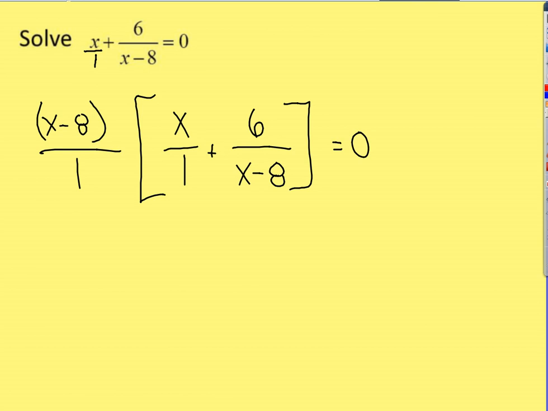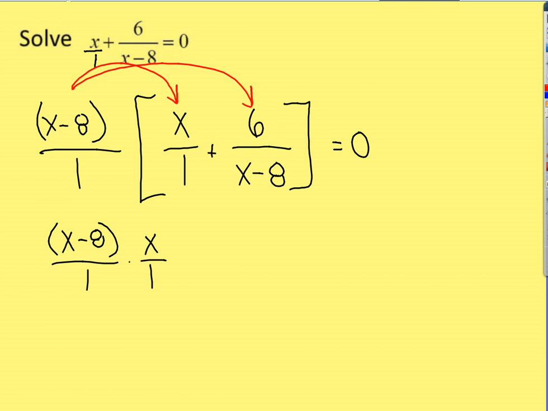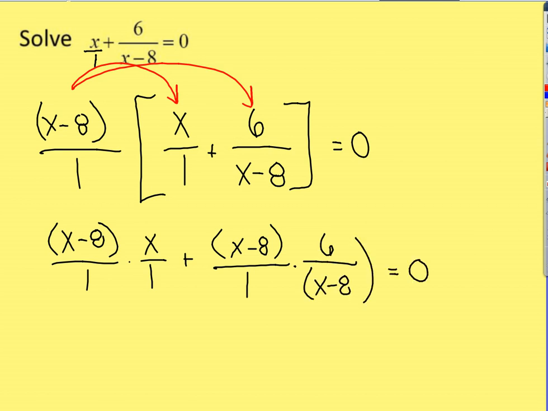So we're going to distribute and multiply here. And we're going to distribute and multiply here. So this gives us x minus 8 over 1 times x over 1 plus x minus 8 over 1 times 6 over x minus 8 is equal to 0.